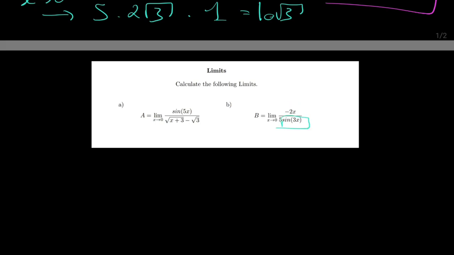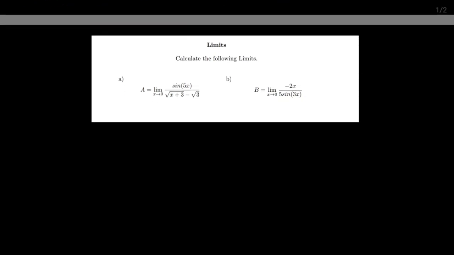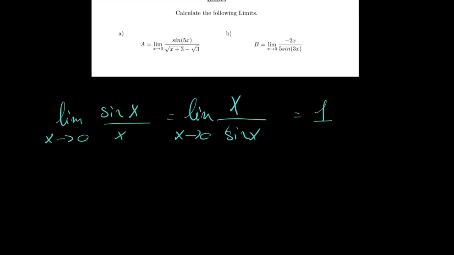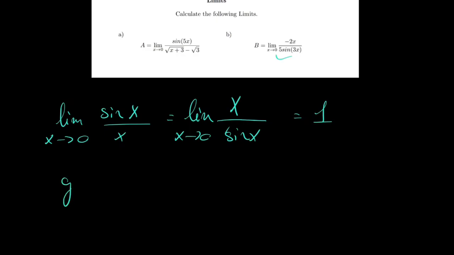We will want to make appear a 3x at the top, because the limit of sinus of x over x when x tends to 0 is also equal to the limit of x over sinus of x when x tends to 0, and this is equal to 1. And here we will use this identity, g of x, as we called it. This one is g of x.